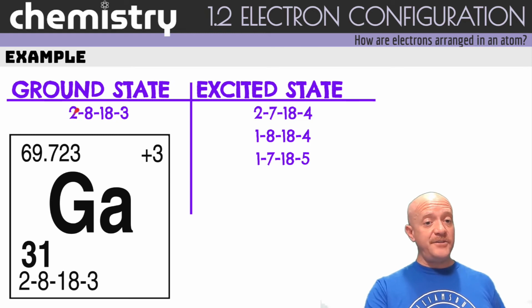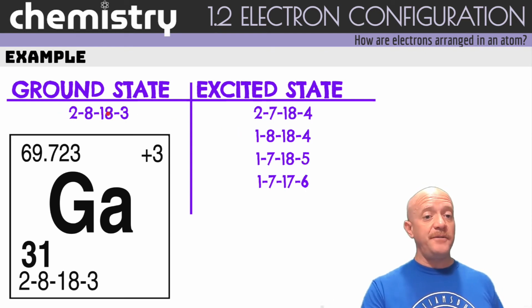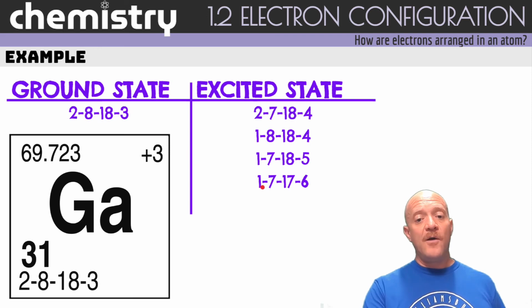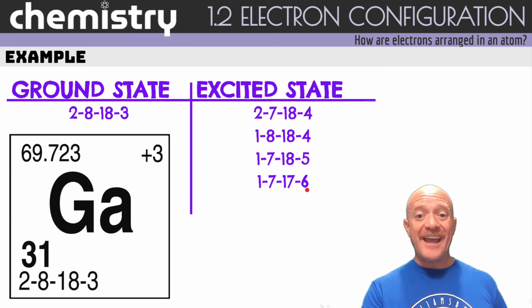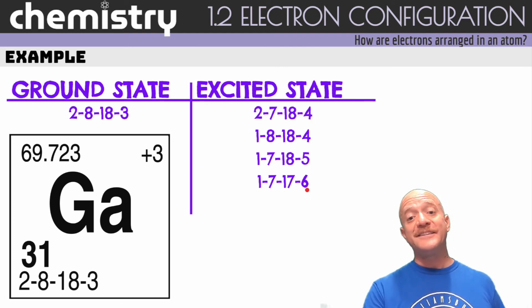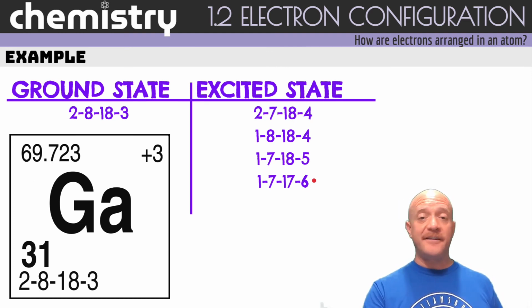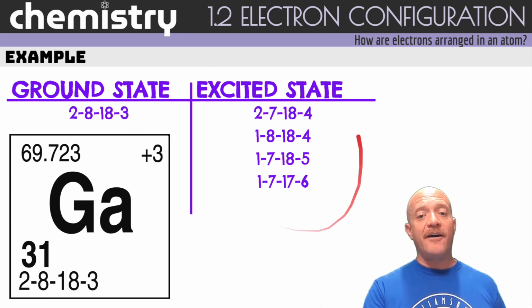One of these 2 and one of these 8, they both bump to the outer level, so we have 1, 7, 18, 5. And then sometimes you can have 1, 2, 3 of them bumping to the outer level: 1, 7, 17, 6. When you total all of these electrons up in each row, you still have 31 electrons. So you still have gallium. The difference is that they are in a different configuration, so that means they are in an excited state.